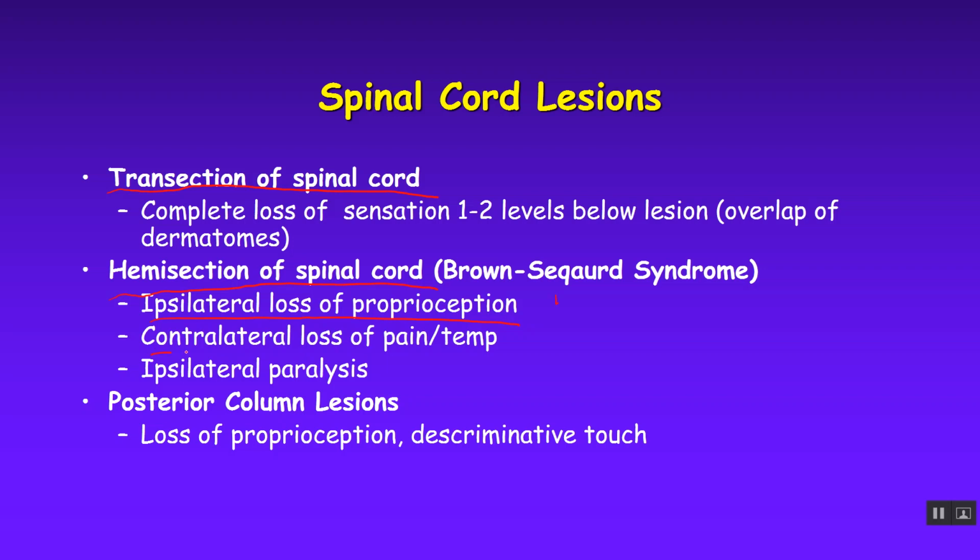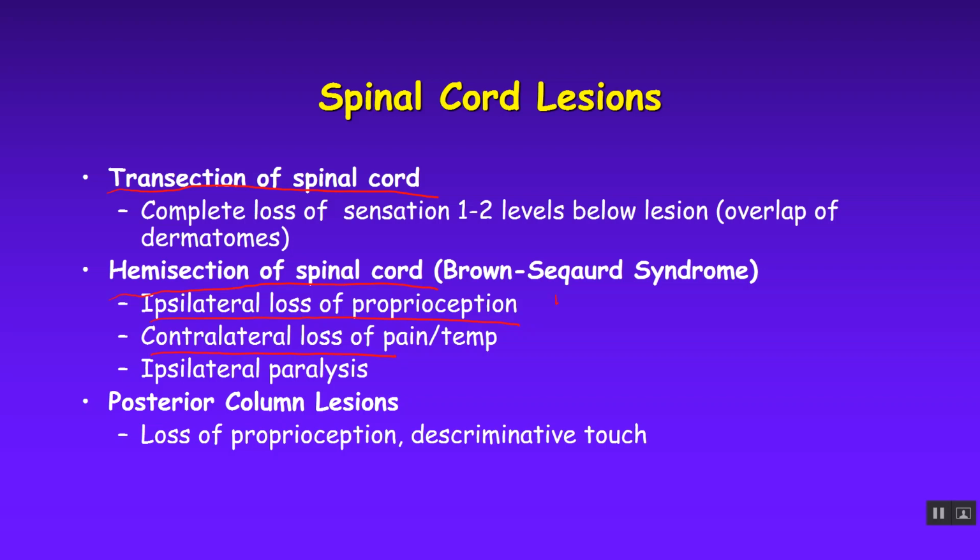But you will have contralateral loss of pain and temperature, okay? So if you have, again, right side of T2, what happens is, remember that pain and temperature, when it comes into the spinal cord, it immediately crosses. So everything coming in the right side below the lesion crosses over and goes past the lesion.